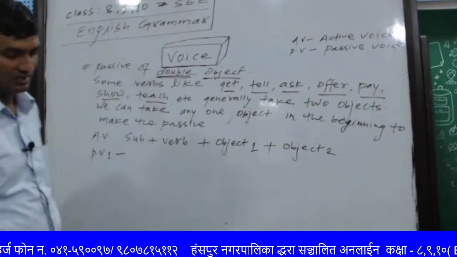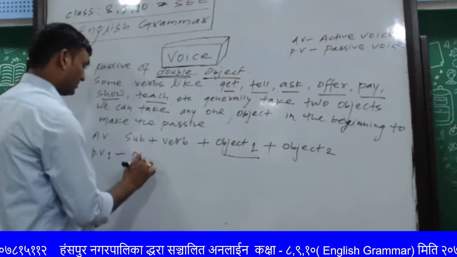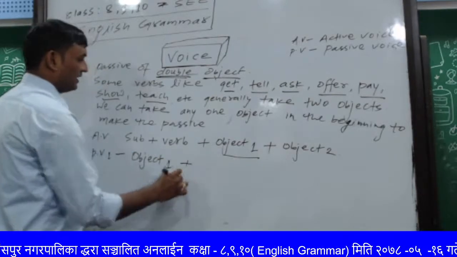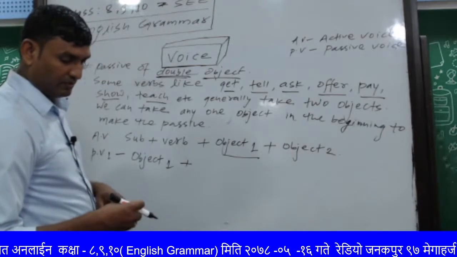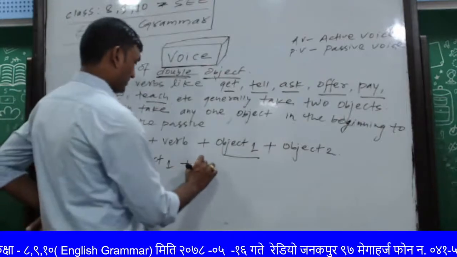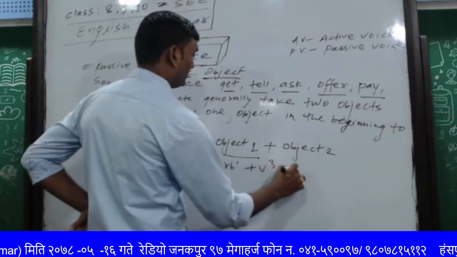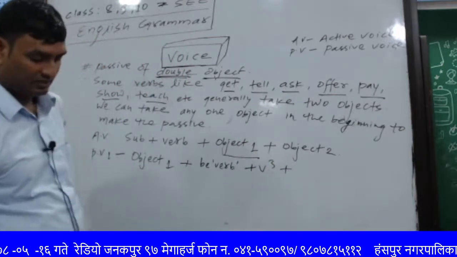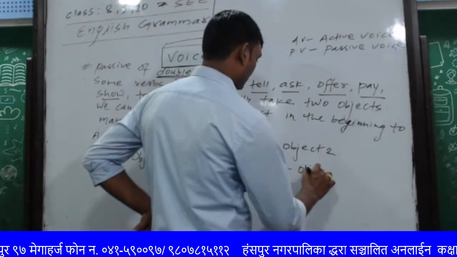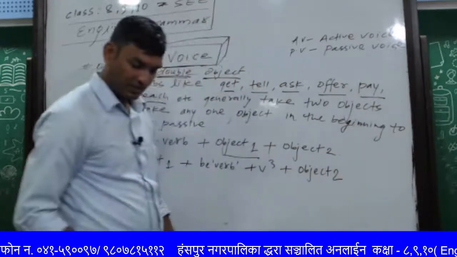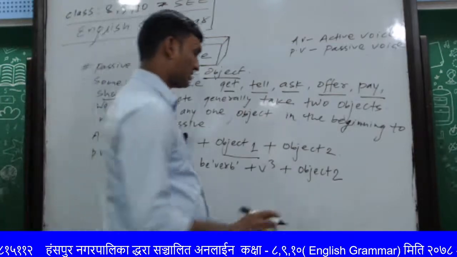PV first means object first, then after object first, be verb, after be verb V3 plus object second, then by plus subject.